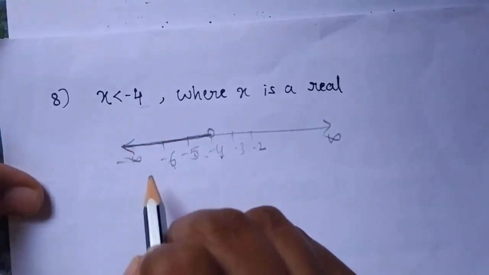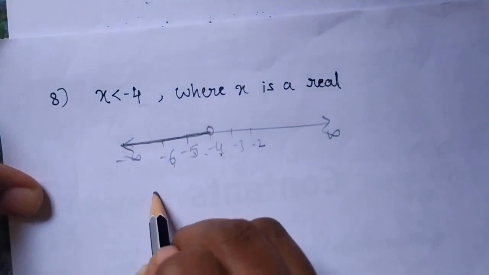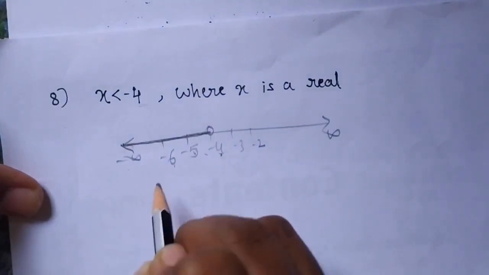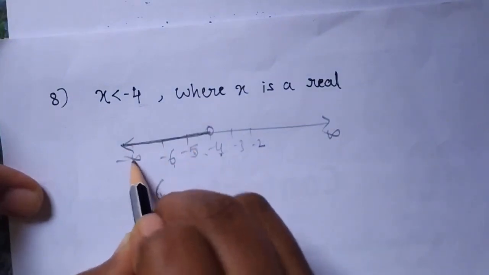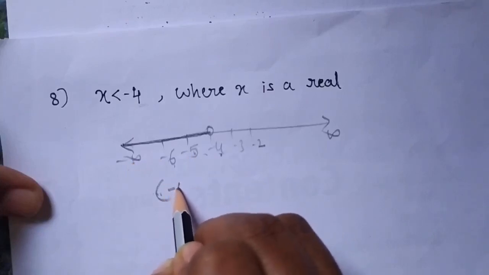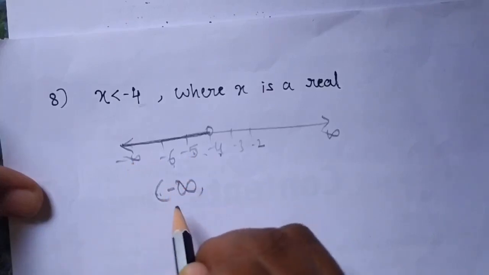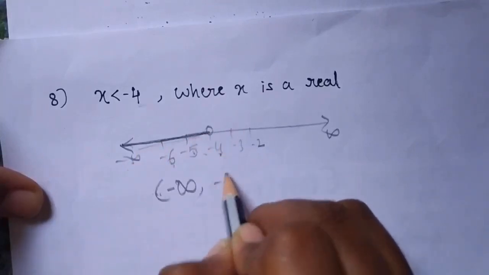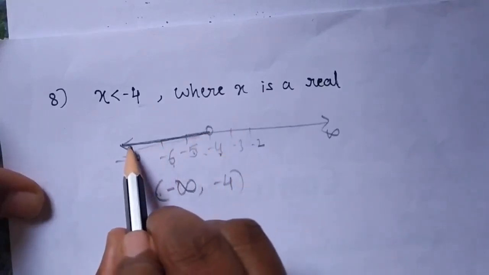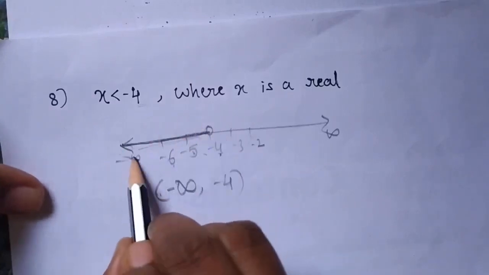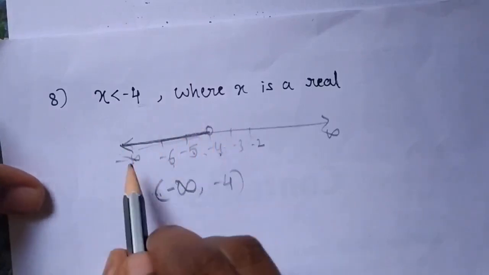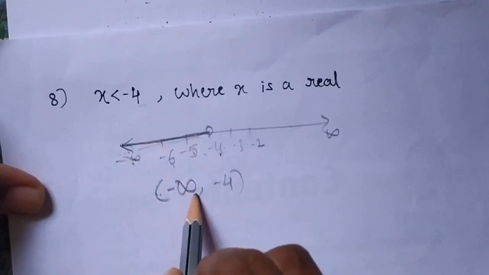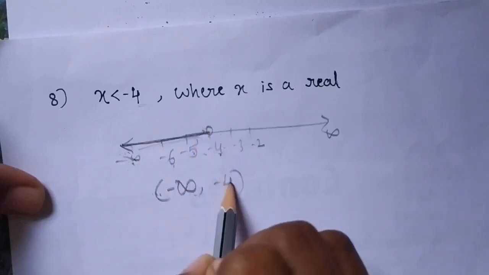Now to write the interval, we have to write the smallest value first. Here the smallest value is minus infinity. The solution set starts from minus infinity up to minus 4. We always consider the solutions from left to right, smaller to larger number, minus infinity to minus 4.